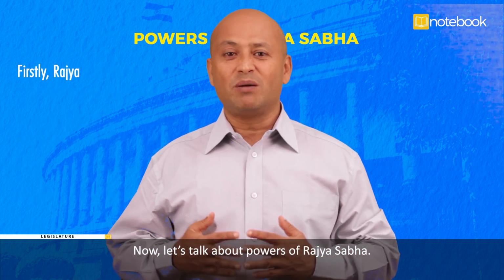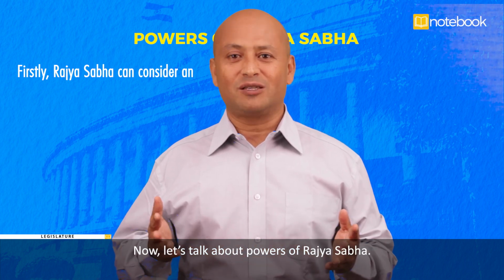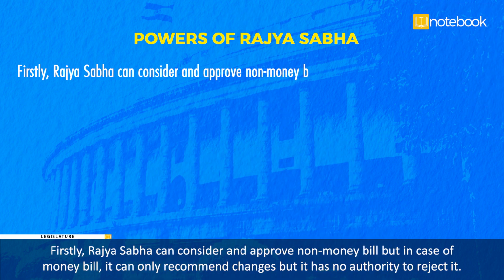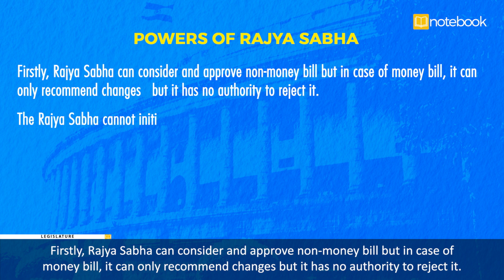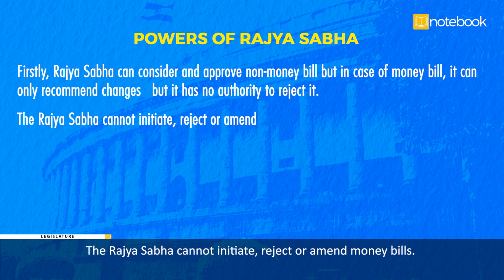Now, let's talk about powers of Rajya Sabha. Firstly, Rajya Sabha can consider and approve non-money bills, but in the case of a money bill, it can only recommend changes, but it has no authority to reject it. The Rajya Sabha cannot initiate, reject, or amend money bills.